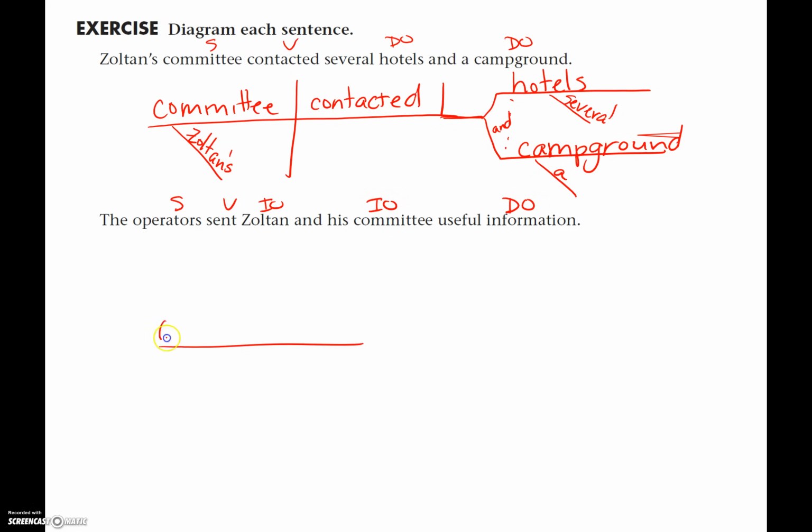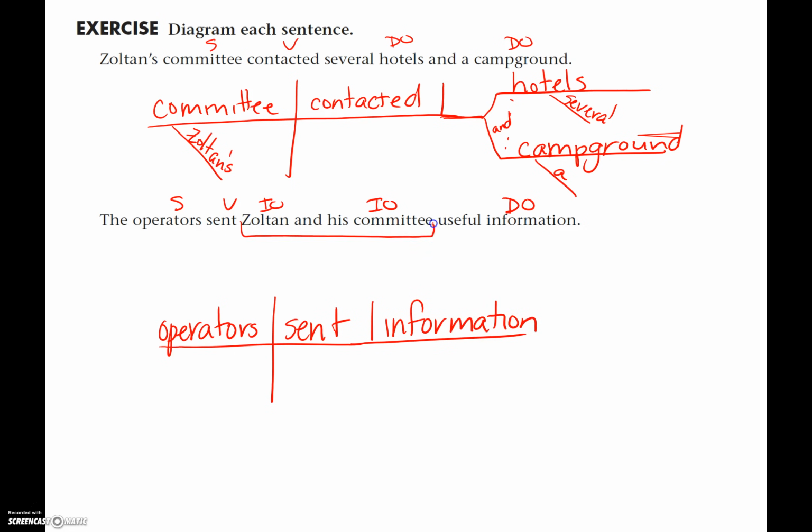So when we diagram this one, we have operators sent. Our direct object is information. And then because we have two indirect objects, when we come down off of our diagonal, we are going to go a little horizontal and then break off into the two prongs.